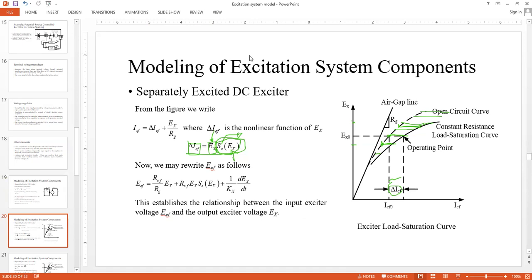Now we have represented IEF in terms of some incremental variable delta IEF plus the terminal voltage EX of the exciter divided by the constant resistance line RG. So we put this relation in the previous expression of EEF. It was EEF equals REF IEF, so IEF is broken down into two parts, and we simply take that into account.